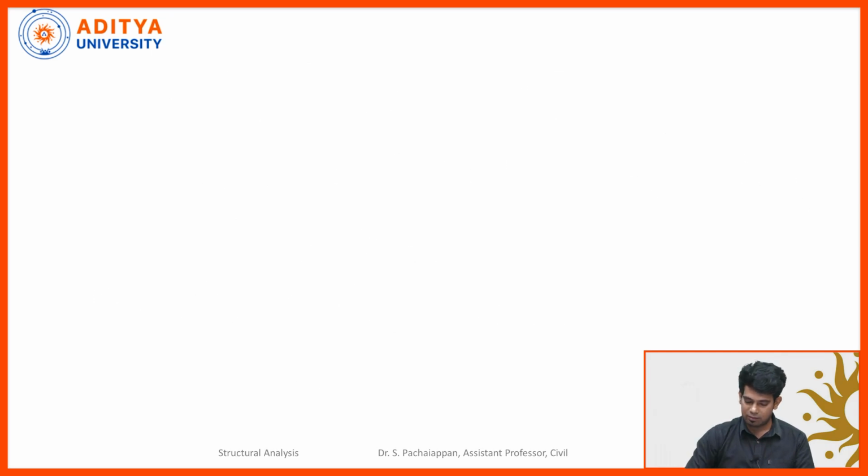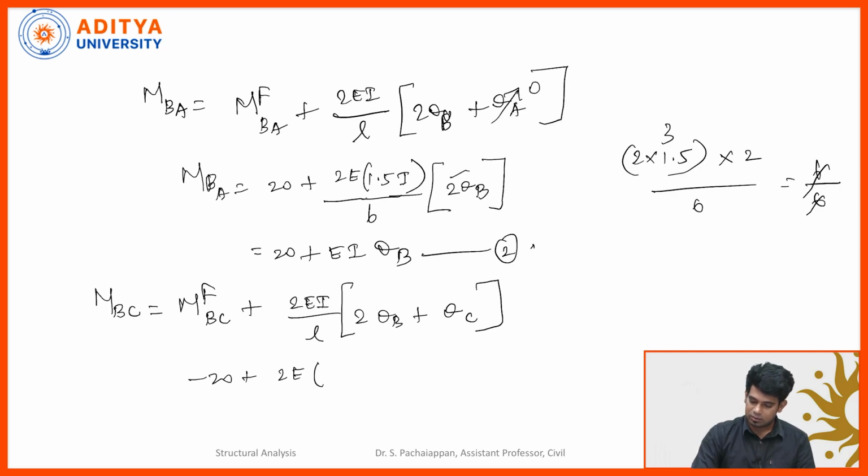So let's substitute that value. 2 times of I, and the span is 4 meters. Then 2 times of theta B we are having, and theta C. Let's simplify this. 2 2s are 4, and 4 by 4 gets cancelled, and another 4 is there.